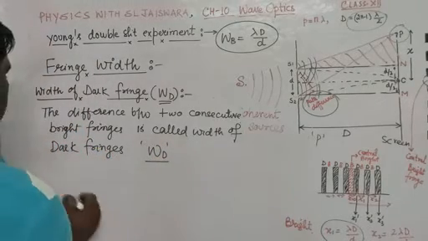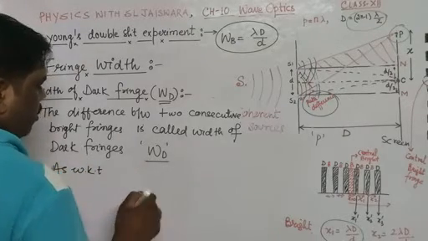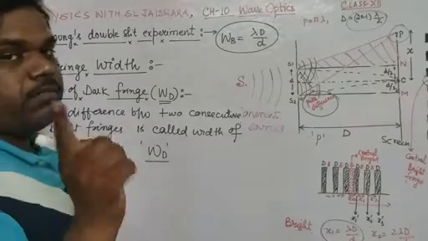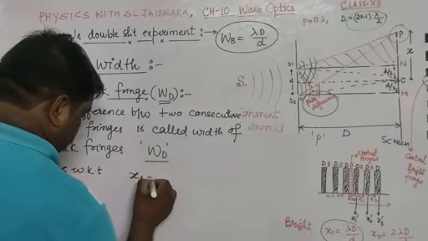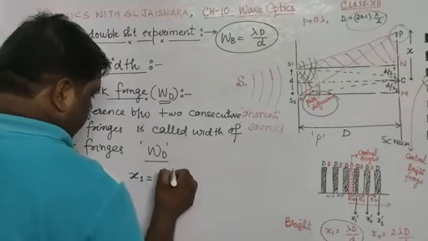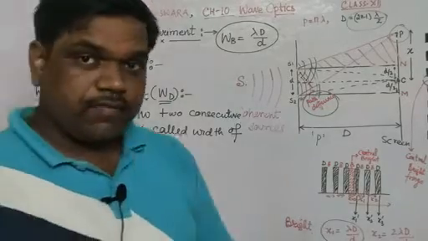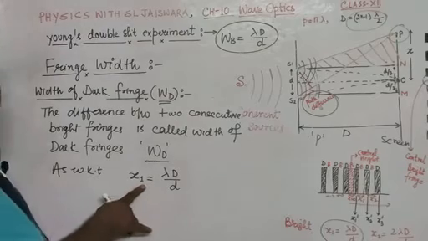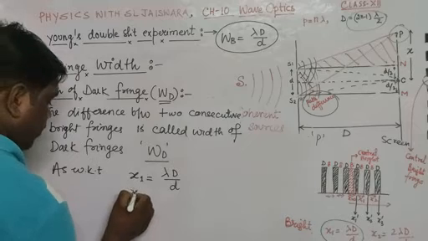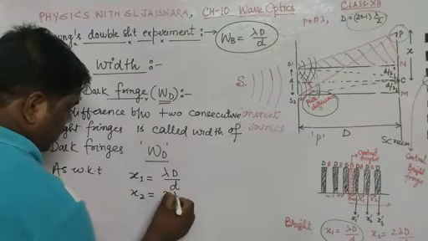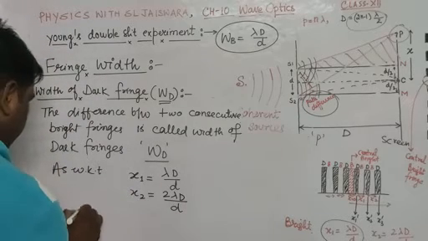It is denoted by WD. See, children, as we know, the position of the first bright fringe, x1, is equal to lambda D upon d. Clear? This is the position of the first bright fringe. Similarly, the position of the second bright fringe will be 2 lambda D upon d. What will be the difference?